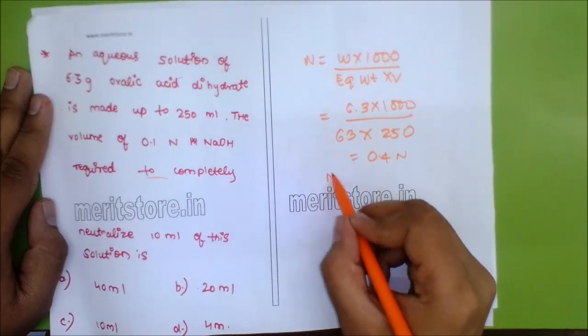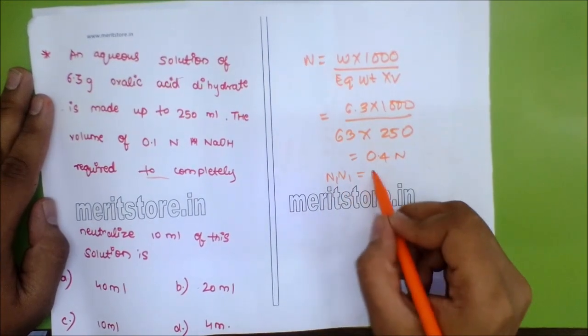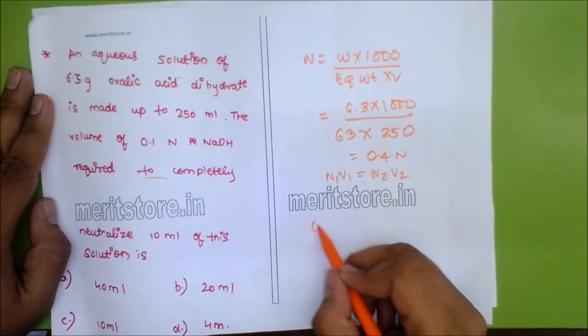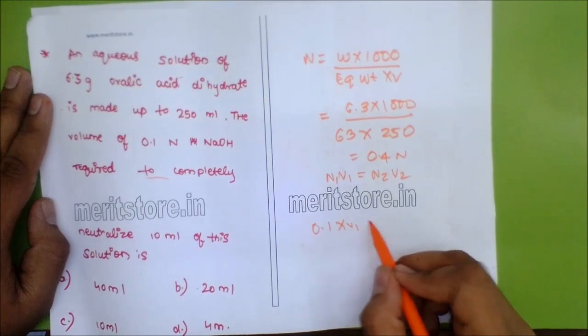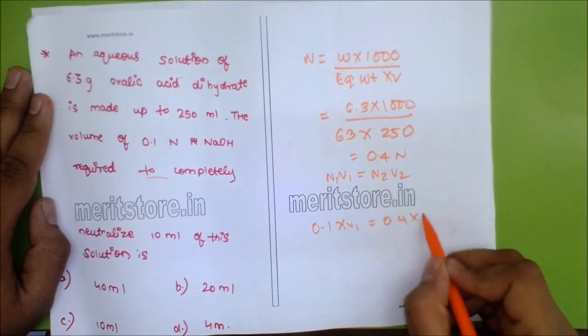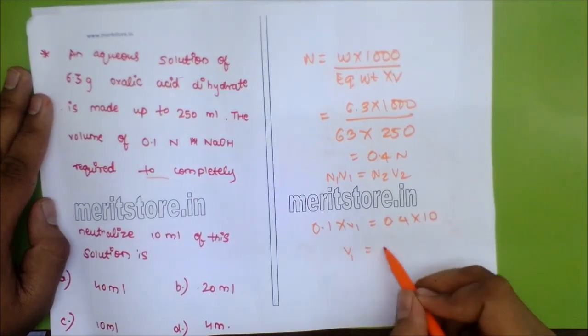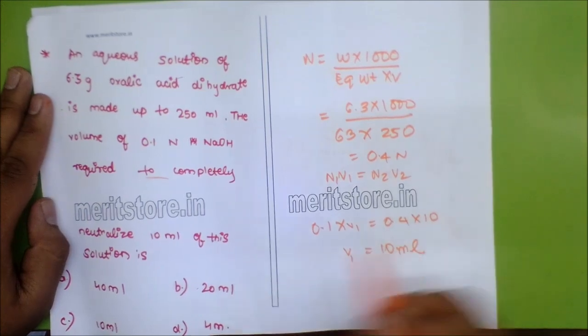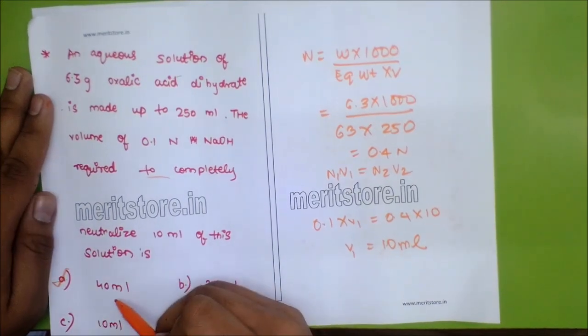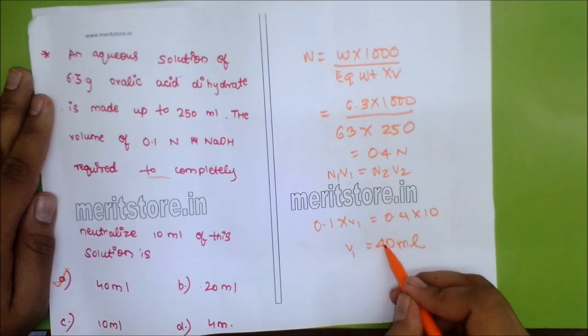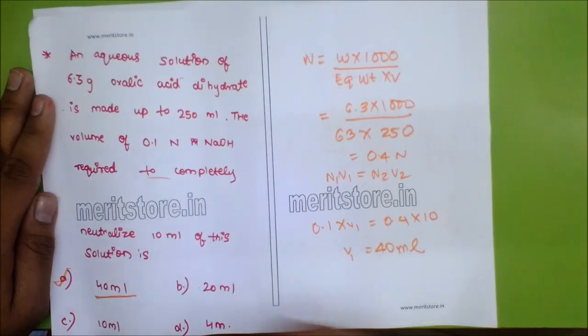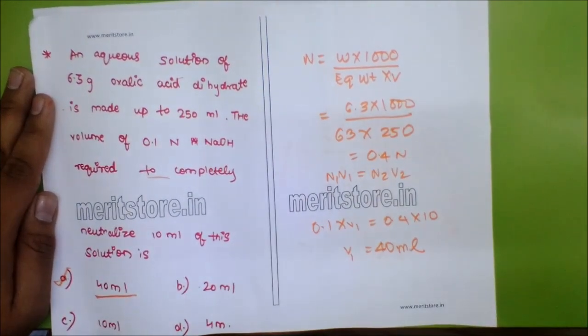So now we know relation of normality and volume. N1V1 is equal to N2V2. 0.1 into V1 is equal to 0.4 into 10. So value for V1 is 40 ml. So option A, 40 ml, is the correct answer.